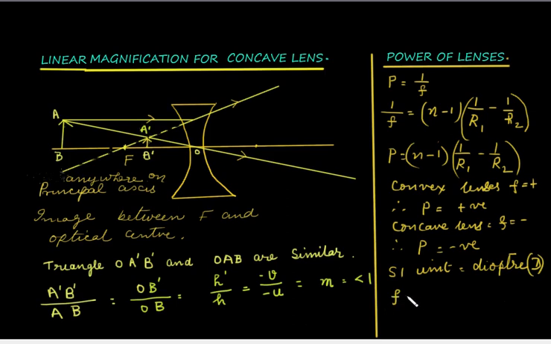If F is equal to 1 meter, then 1 by F is equal to 1 by 1, that is equal to 1 diopter. Therefore, by definition, 1 diopter is the power of a lens of focal length 1 meter.